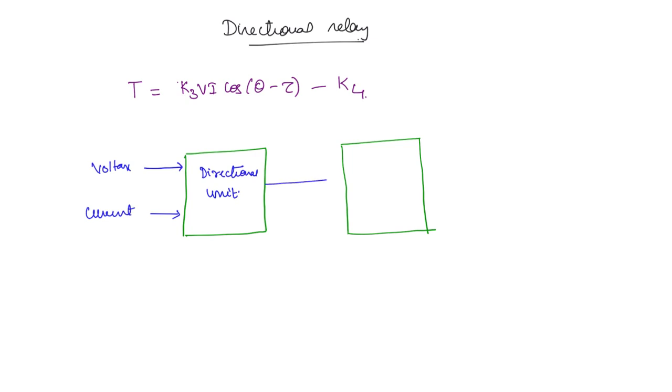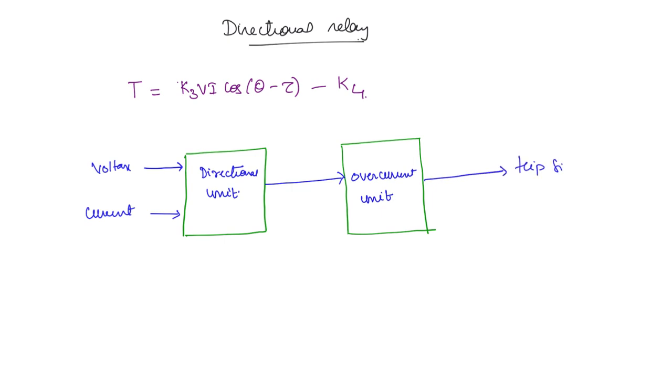Now if this operates, that means the current is indeed reverse. Then it will go to the overcurrent unit. Here the overcurrent unit will check if the current is beyond a certain level. Only if it is beyond a certain level will it give the signal to the circuit breaker.